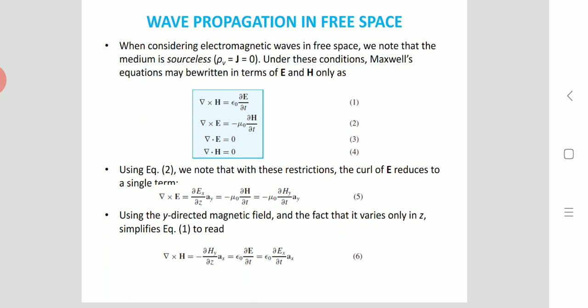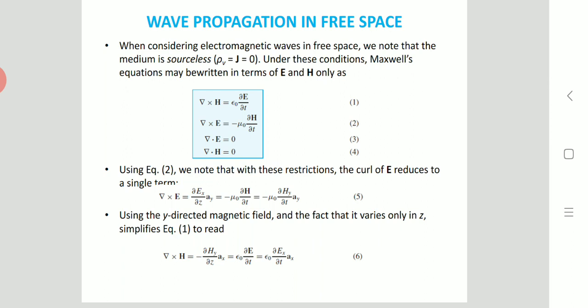Right? So basically the plane wave means the electric field vector E and magnetic field vector H lie in the same plane. Also, the different planes consisting of E and H vectors are parallel to each other along the direction of propagation of the wave.